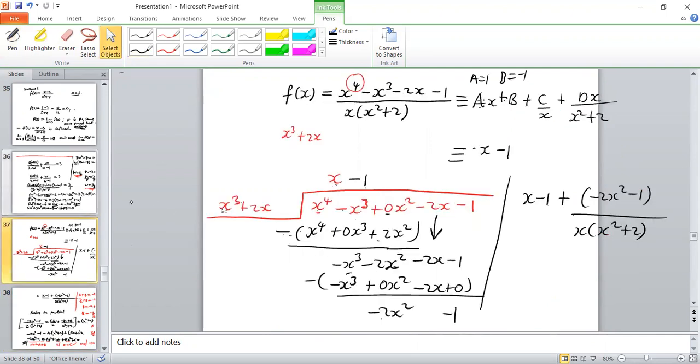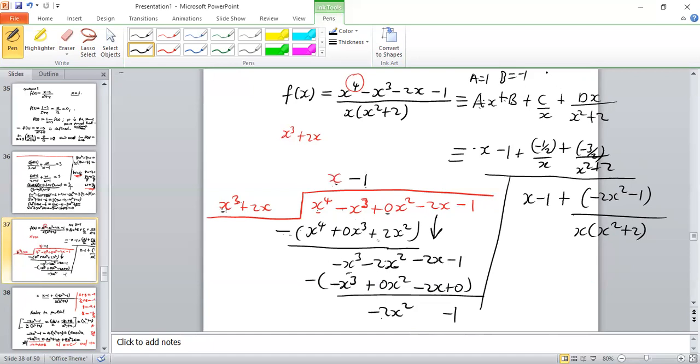So this is -half over x, then plus D is -3/2 x over x squared plus 2. So we have found the values of A, B, C, and D. C is -half, D is -3/2.